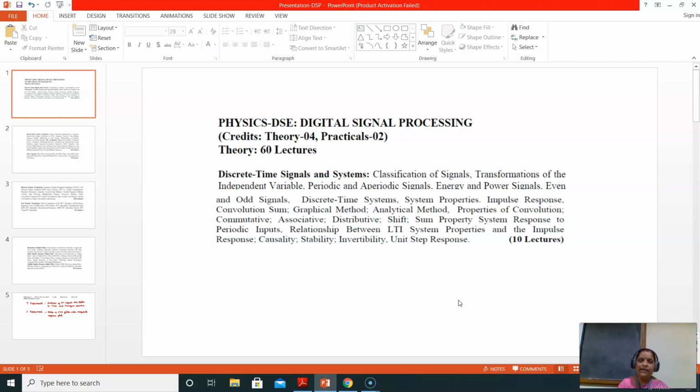How to characterize the discrete time system using its impulse response, and how to find the output response of the system if the input signal and the impulse response of the system are given. Then what are the properties of linear convolution, how to characterize the linear time invariant systems for causality, stability and invertibility. These are some of the topics we will be covering in this chapter on discrete time signals and systems.